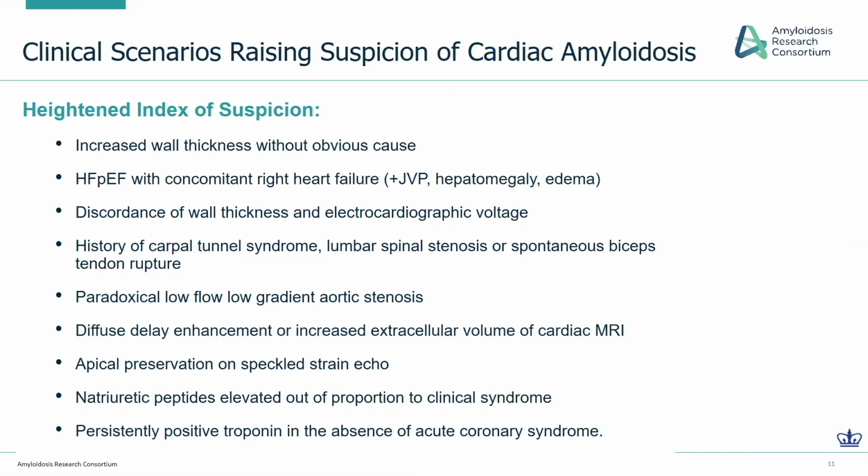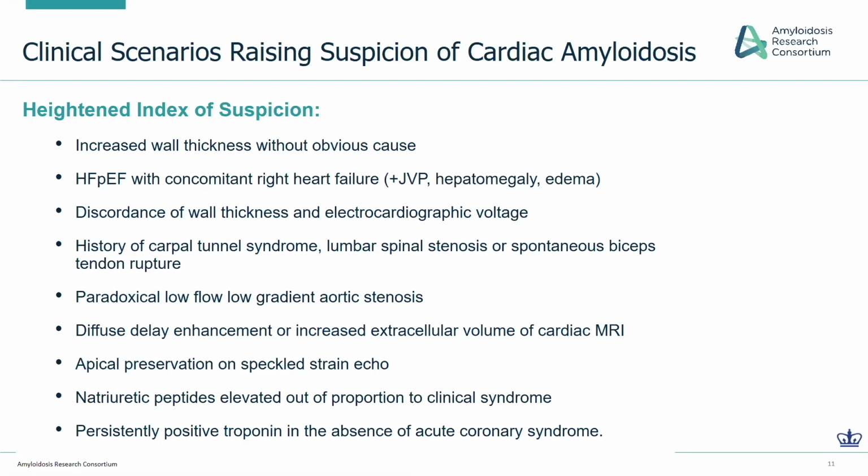Orthopedic manifestations are common, including carpal tunnel syndrome, lumbar spinal stenosis, or spontaneous biceps tendon rupture, and should raise a suspicion. Paradoxical low flow, low gradient aortic stenosis, that is aortic stenosis in the setting of a low gradient but with a preserved ejection fraction, the paradox being the EF is not low, as it is in the classic low flow, low gradient AS. Diffuse delayed enhancement or increased extracellular volume seen on a cardiac MRI is highly suggestive of amyloid.